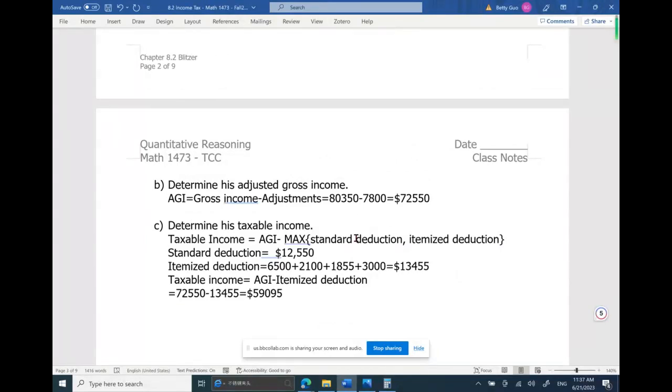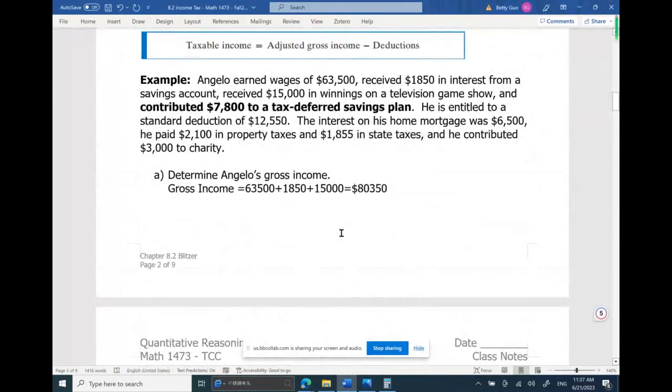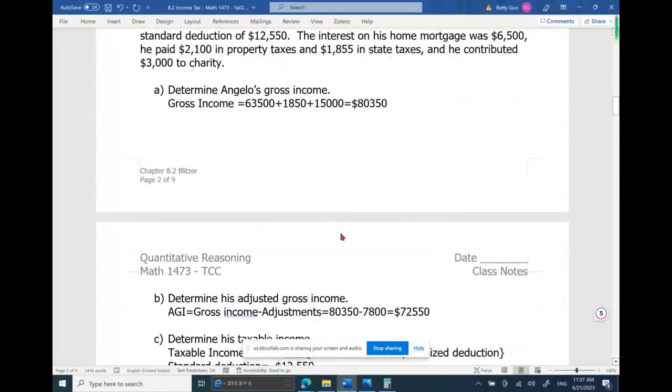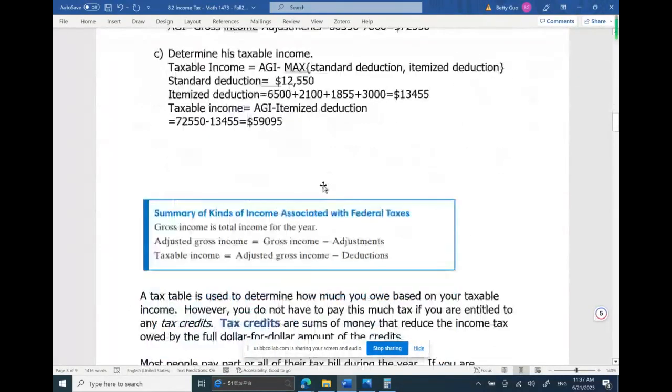Which one we are going to subtract from the AGI to get the taxable income. Whichever is higher. The higher the deduction, the lower the taxable income. You want to pay less tax, right? Yeah. So that's this example. It's a good example. It shows you how we find gross income, adjusted gross income, taxable income.